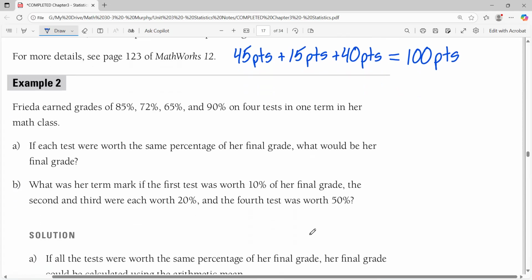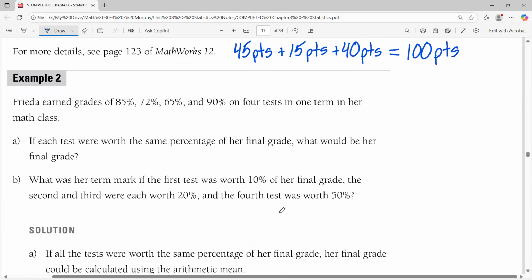So example 2, Free earns grades of 85%, 72%, 65%, and 90% on 4 tests in one term in her math class. If each test were worth the same percentage of her final grade, what would be her final grade? So they're saying all 4 tests are the only thing that make up your grade.